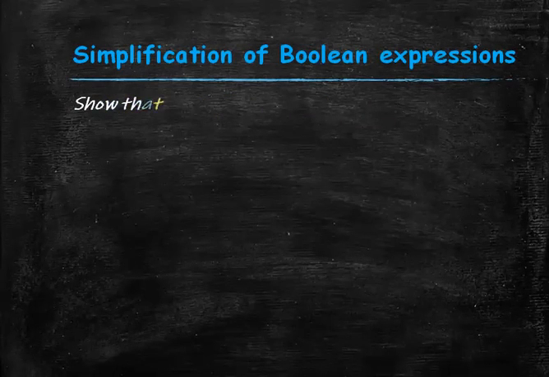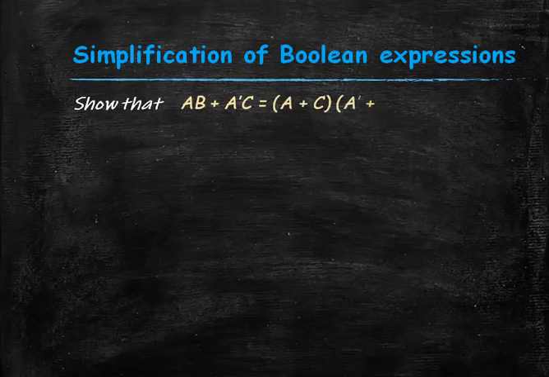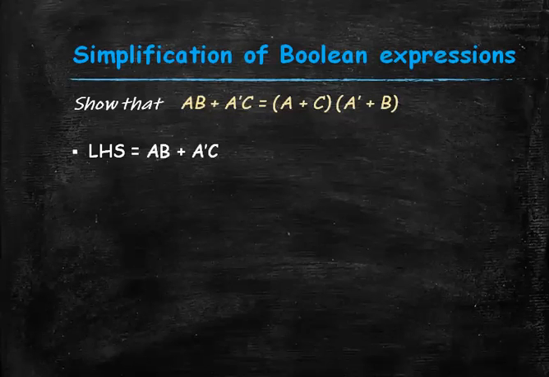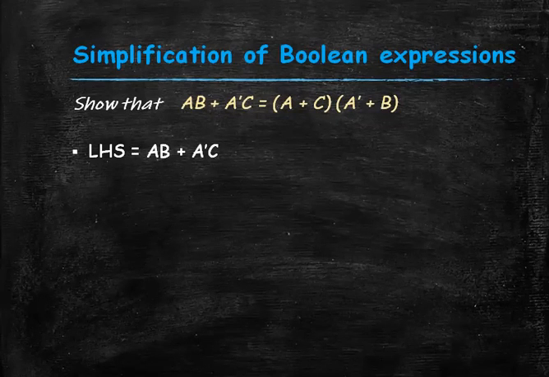This question is, show that AB + A bar C is equal to (A + C)(A bar + B). Here, from this sum of product term, we have to obtain a product of sum term.